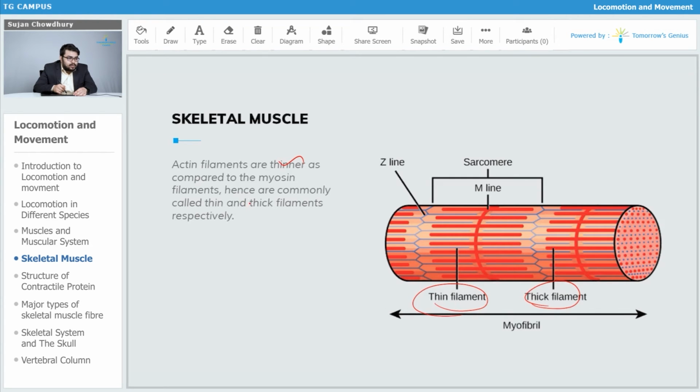These two filaments are commonly known as thin and thick filaments respectively. The actins are thin and the myosins are thick, present in the myofibril. We have to understand that.